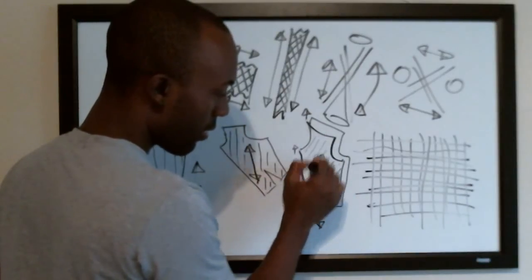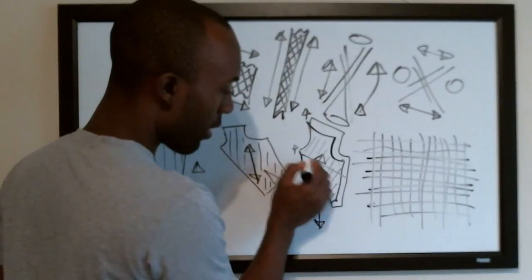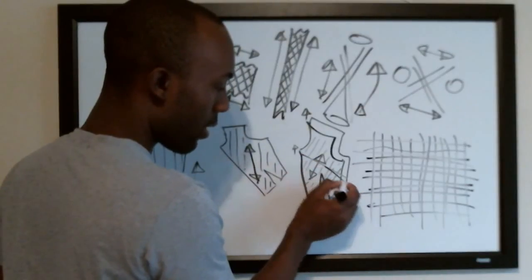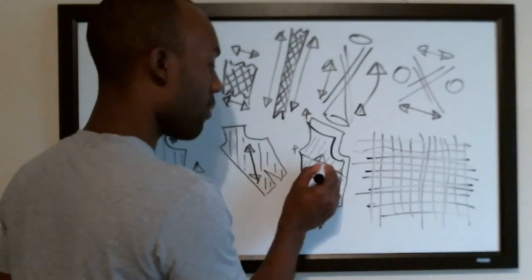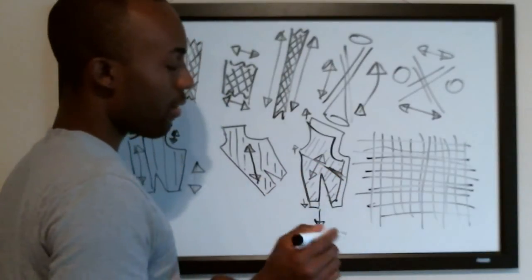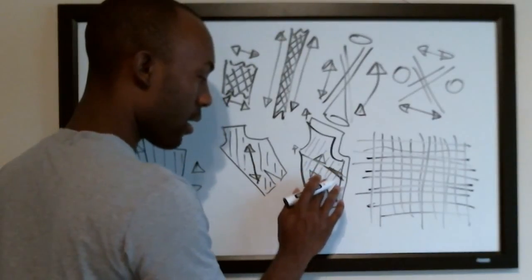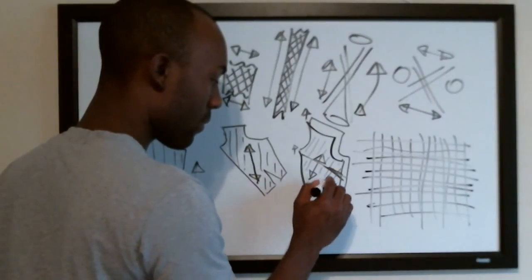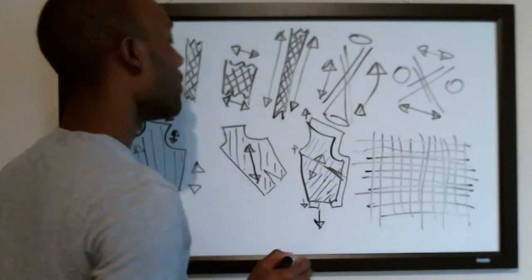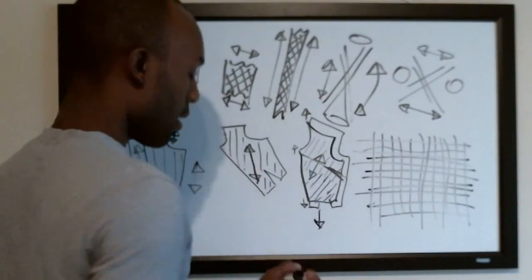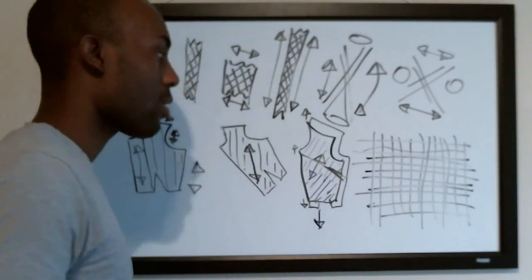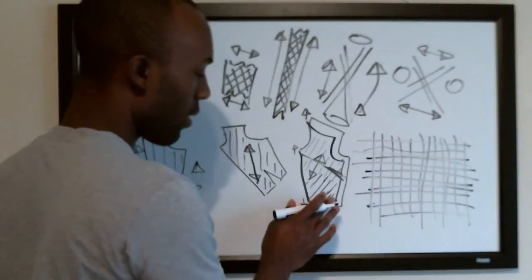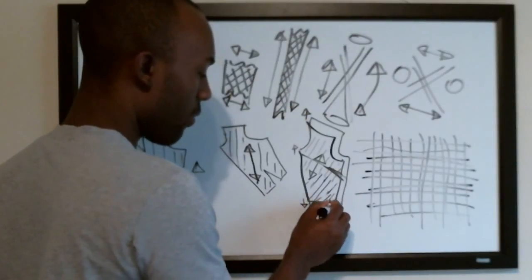So if the straight grain is going this way and then the cross grain is going this way, you want your dart to be going just like that. So you could make your dart here, and then your dart wouldn't stretch. You could take your dart away from here. So that way your dart would be in a more optimal position to work with the way you have the grain going now.